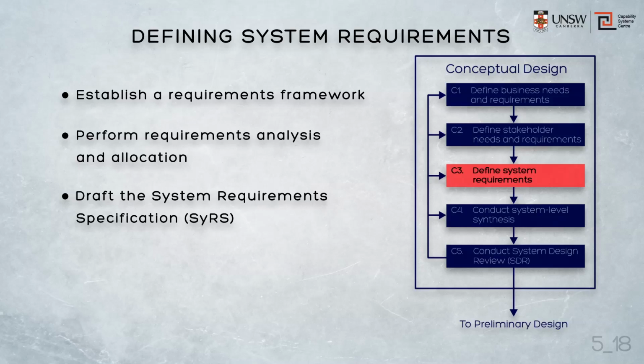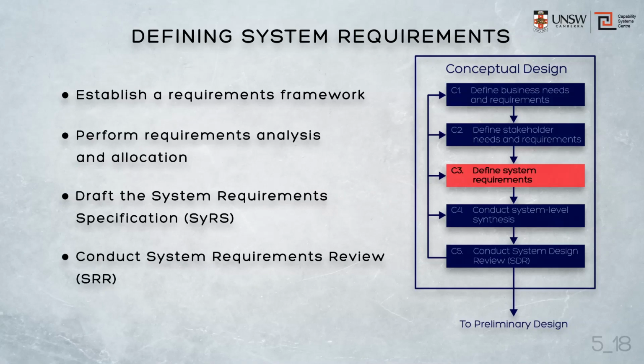Traceability, both forwards and backwards, between different levels of requirements is a cornerstone of requirements engineering. In this case, it's traceability between stakeholder and system level requirements that's of interest to us. Later, the traceability of interest will be between system level requirements and lower level design requirements of our solution.